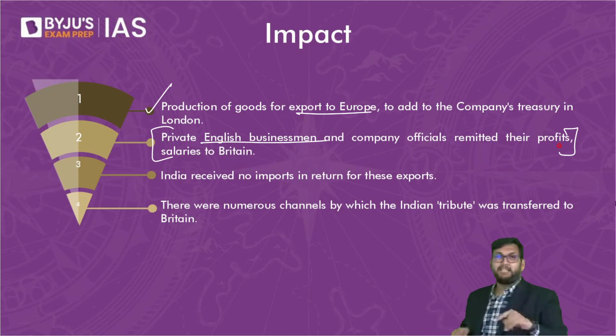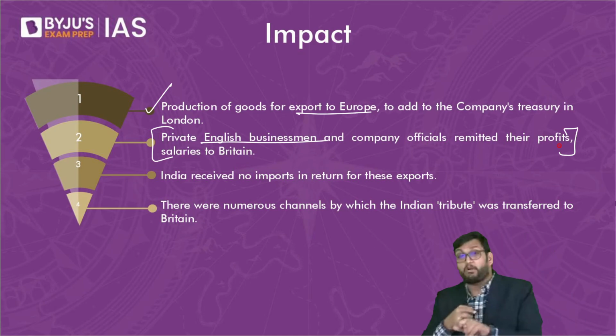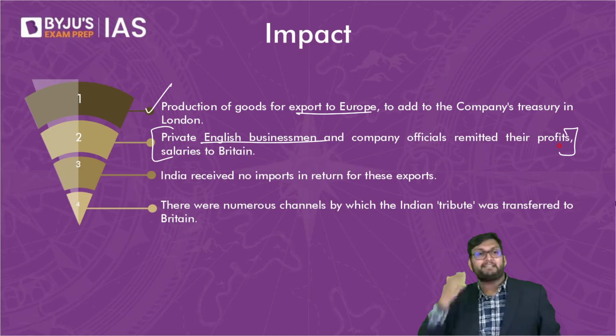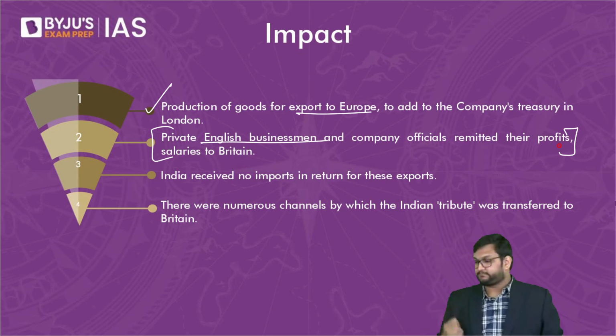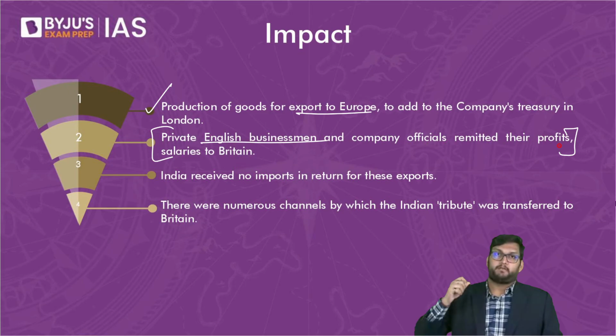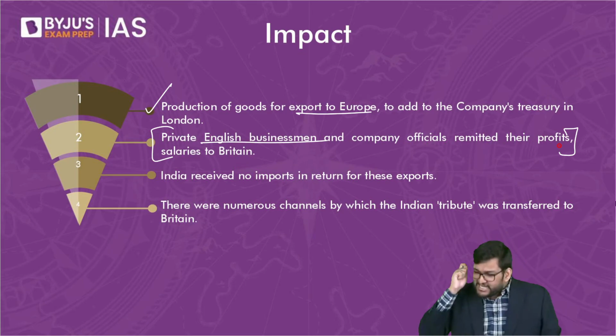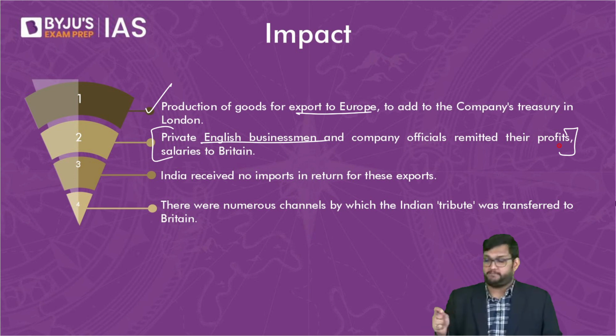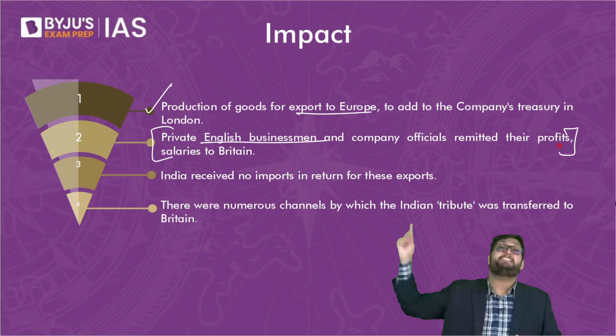So basically, English businessmen, even Company officials, remitted their salary via commodities. They buy our commodities at the lowest, kaudi ke bhaav. They buy it at the least possible money and sell it at 4 times, 10 times the cost in London.